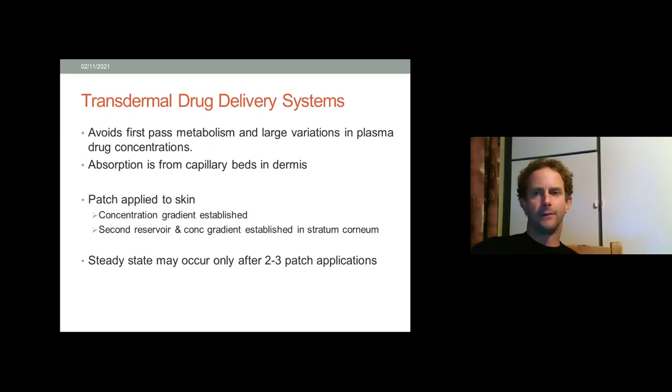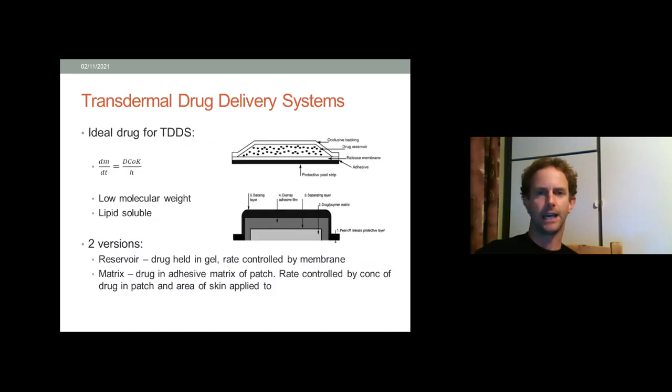And the way that they work is the patch is applied to the skin, you create a concentration gradient, a reservoir and concentration gradient is then established in the stratum corneum, and then the drug is absorbed from the capillary beds in the dermis. And there's 2 main systems, a reservoir and a matrix system.